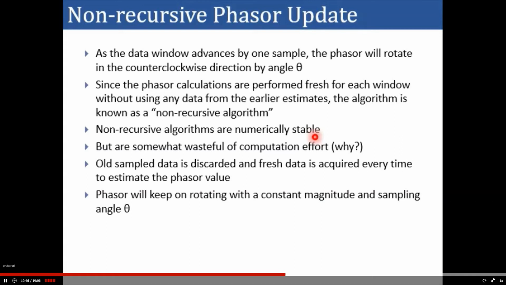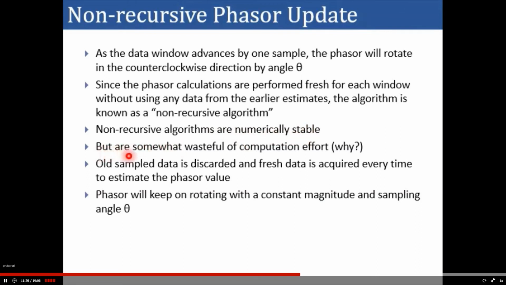So for 0 to capital N minus 1, first we calculate the phasor, and then we take samples from n equal to 1 to capital N, and again recalculate the phasor. In that way we do not utilize the calculations for the phasor between n equal to 1 to capital N minus 1. So we are considering every sampling window independent of each other.